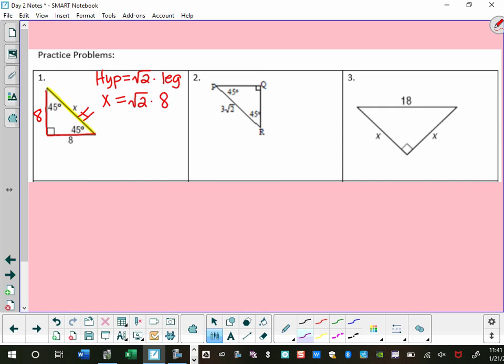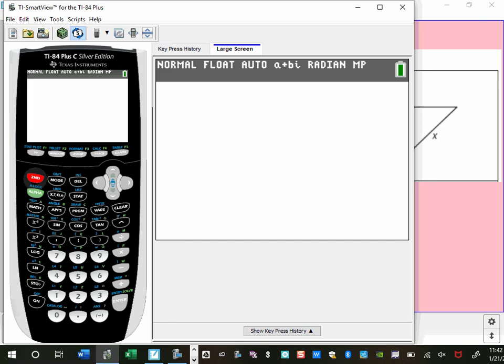Anytime you have a radical times a regular number, that can just come together, or you can type it into your calculator. I could write X equals 8 times root 2, or type that into your calculator. What is root 2 times 8? You're supposed to get a decimal. 11.31.